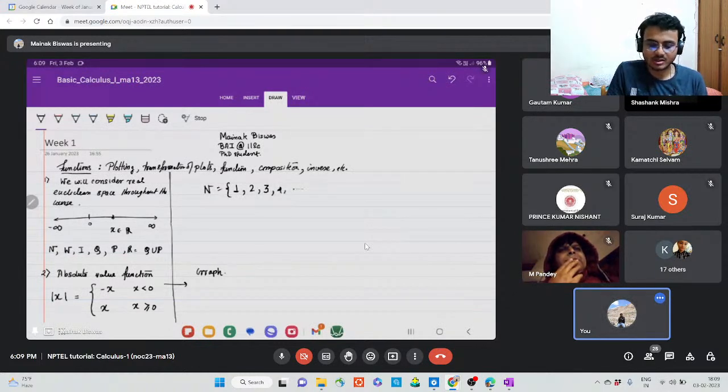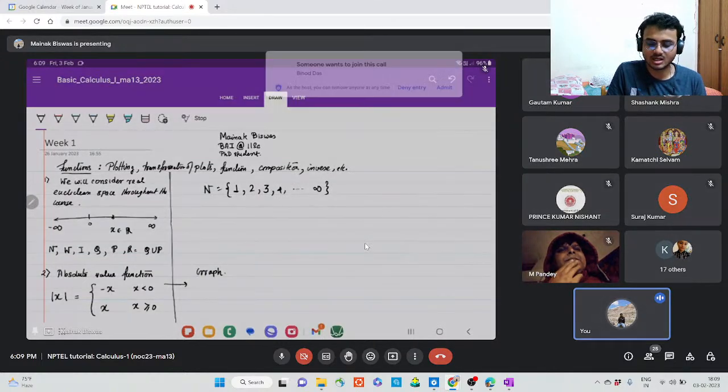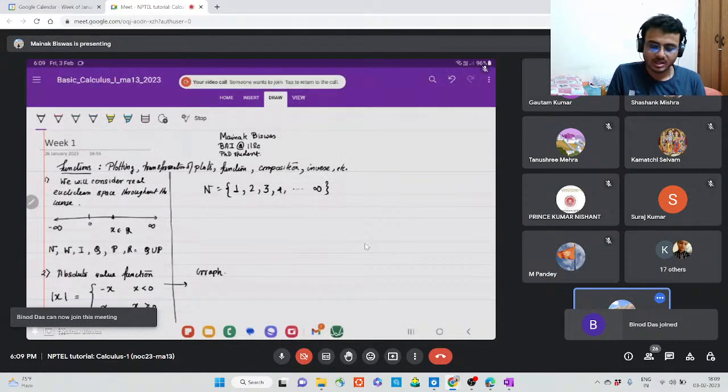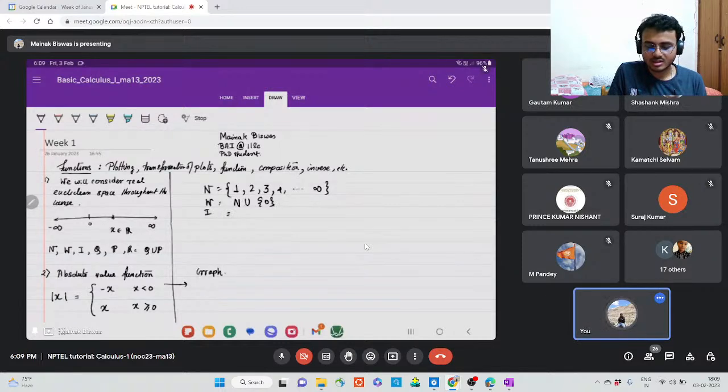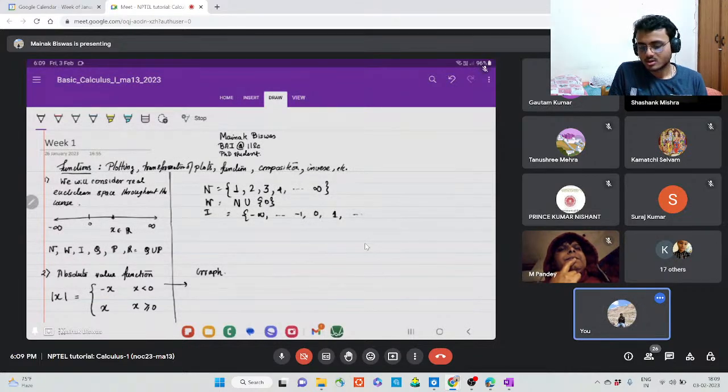This is the set of natural numbers, 1 through infinity. Then you have the set of whole numbers, which is natural numbers union 0. You have integers, which is minus infinity, ..., minus 1, 0, ..., infinity.